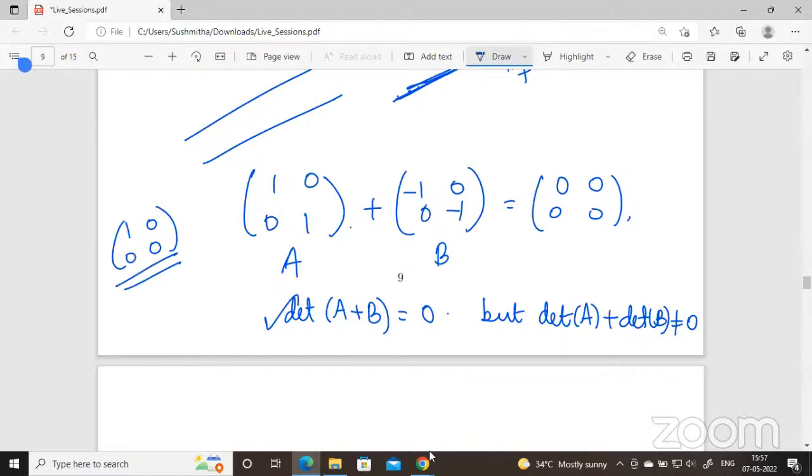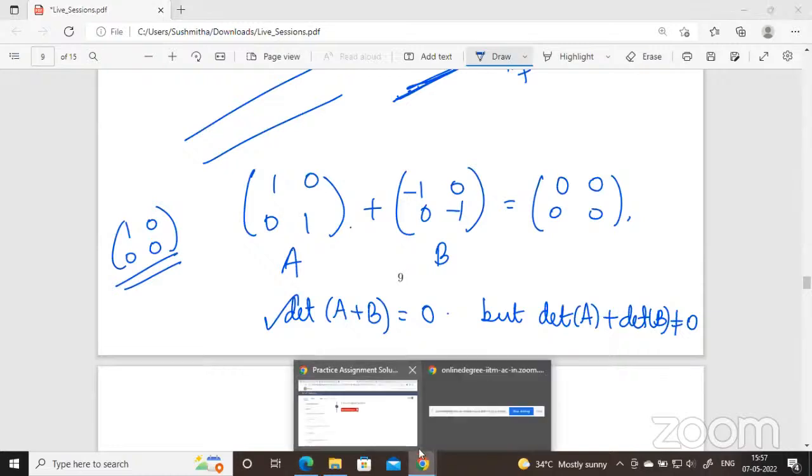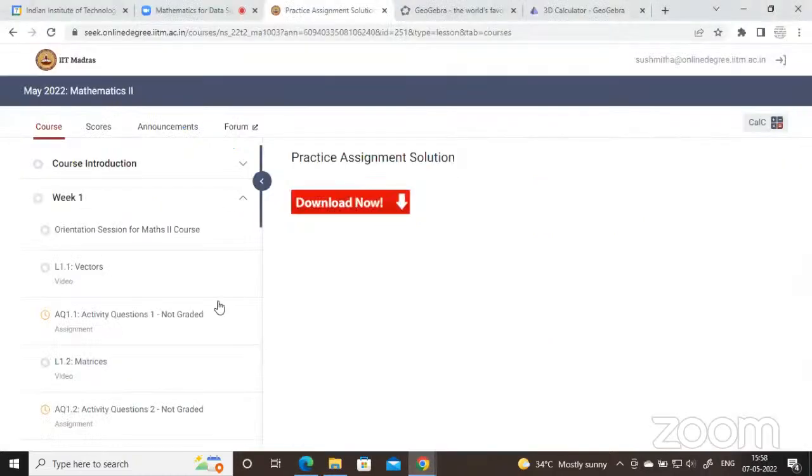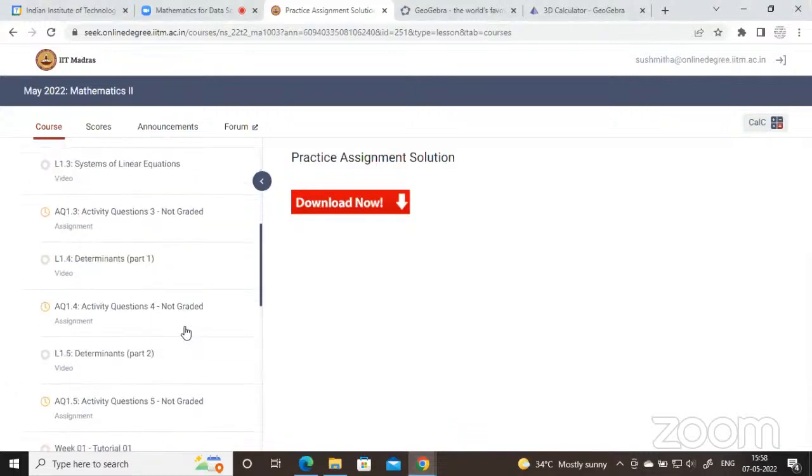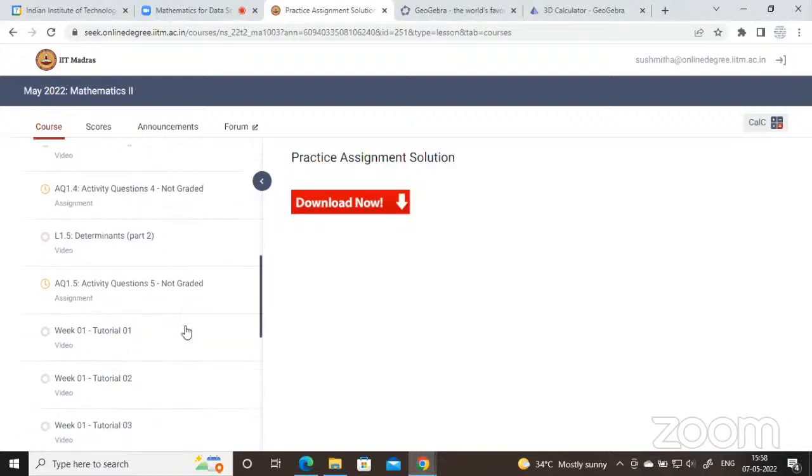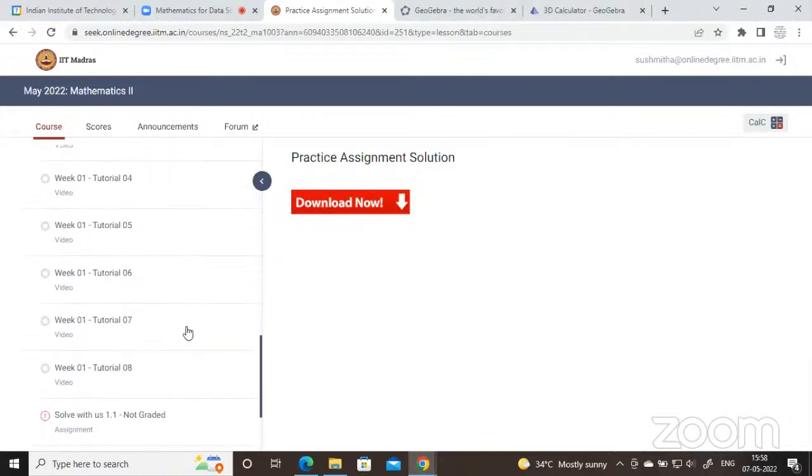I was having a doubt because in the graded assignment there is a question in which I am getting confused. Okay, what is the confusion about? Ma'am, in the graded assignment, there is an equation involving an identity matrix which we need to solve to find the value of m. I was assuming A squared equals A is only possible for an identity matrix.